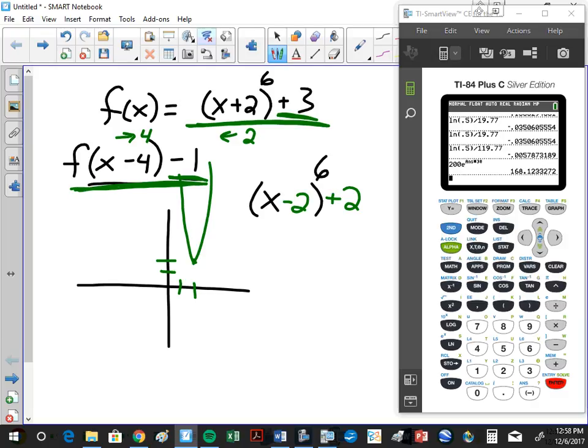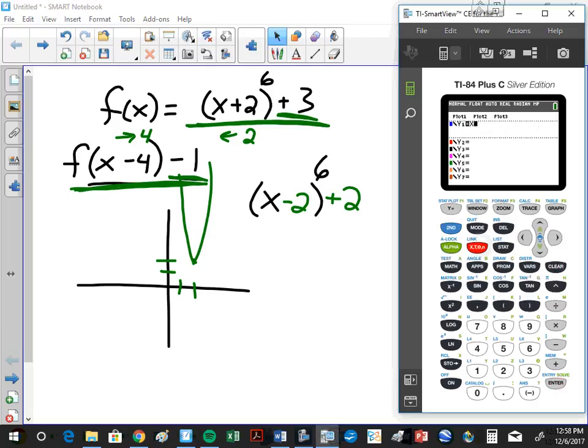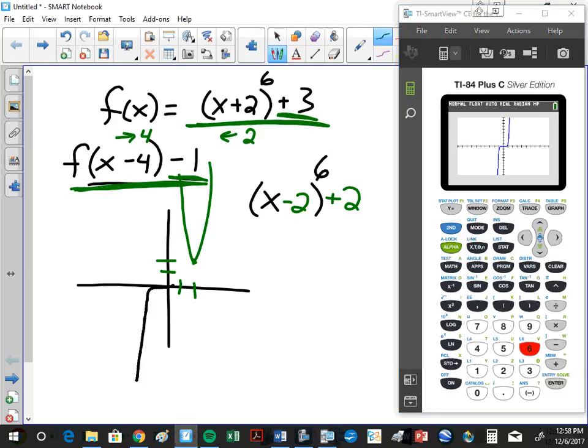Do you want to see another one of those? No, it will never be backwards. It'll look more and more like a line, though. So that's a really good question. If I graph x to the 9th, and I zoom standard, see that? It comes up really fast. So x to the 11th would be like that.